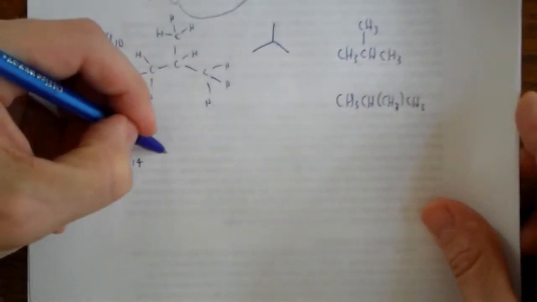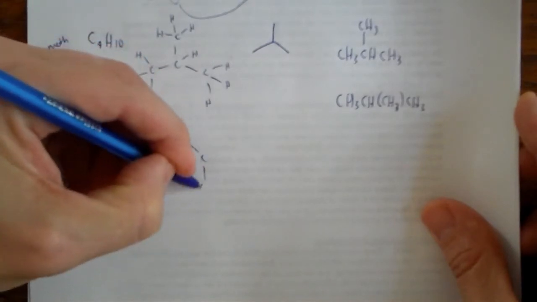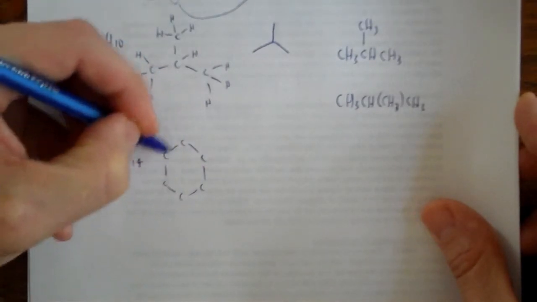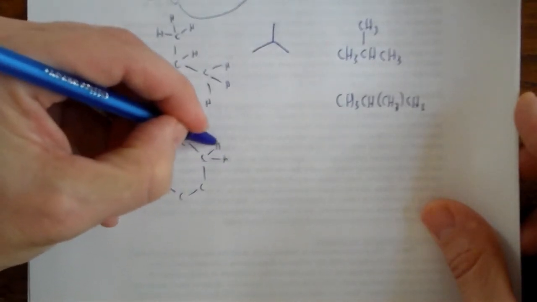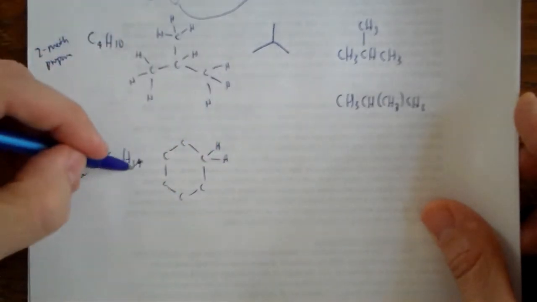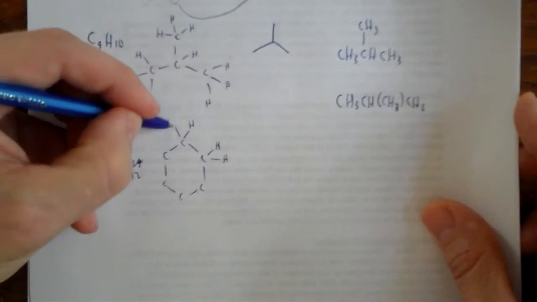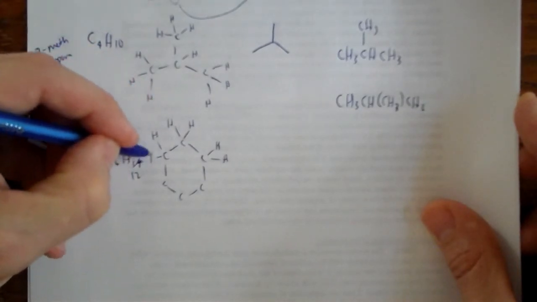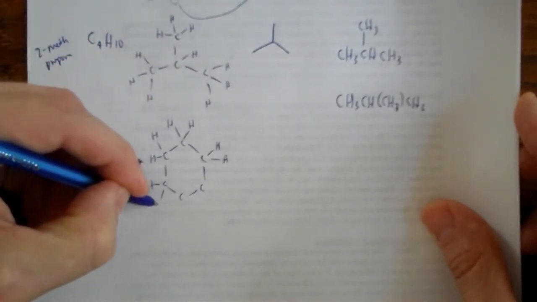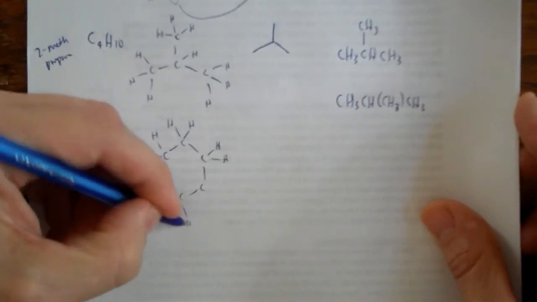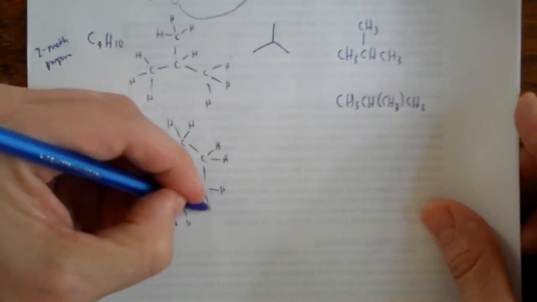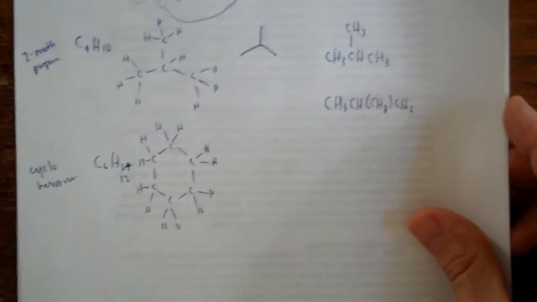And it looks like this: C, C, C, C. You can see each of these has got to have 2 bonds yet because I only had 2 there in the first place. All right, that's cyclohexane.